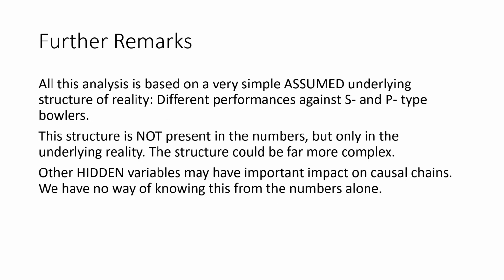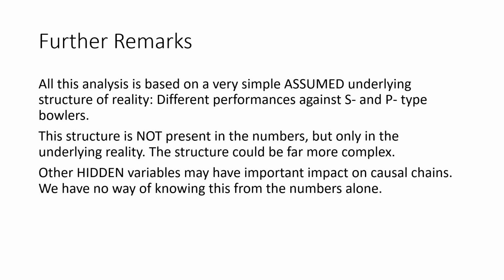Additionally, we must note that all of this analysis is based on a very, very simple assumed underlying structure of reality, that there is only one major difference, and that's spin and pace. And this is not really true. The actual reality is much more complex, and there may be other hidden variables which we don't know about, which have an important effect on the causal chains.